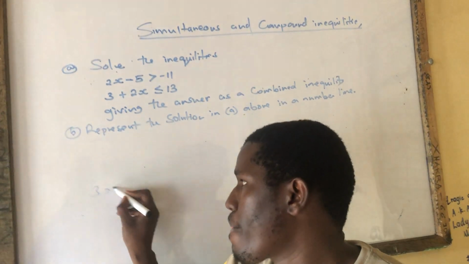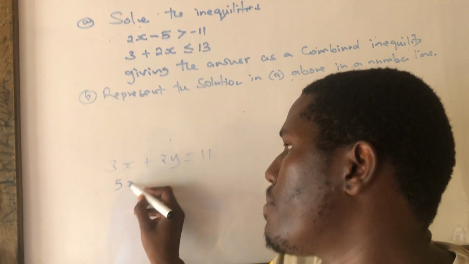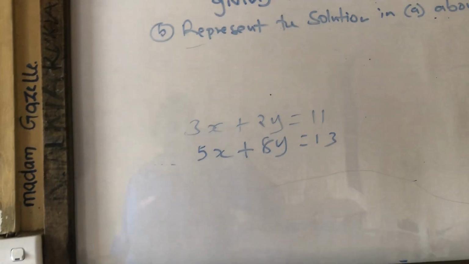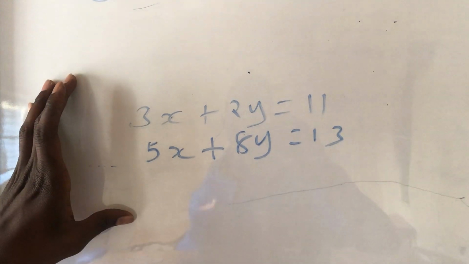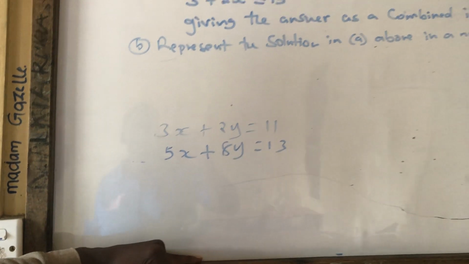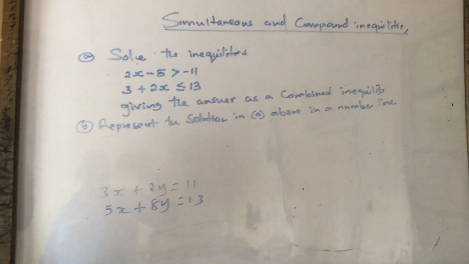It is true to say that these are simultaneous equations. That is very correct. Simultaneous equations are equations which come in pairs. That should be the accurate definition of simultaneous equations or inequalities.